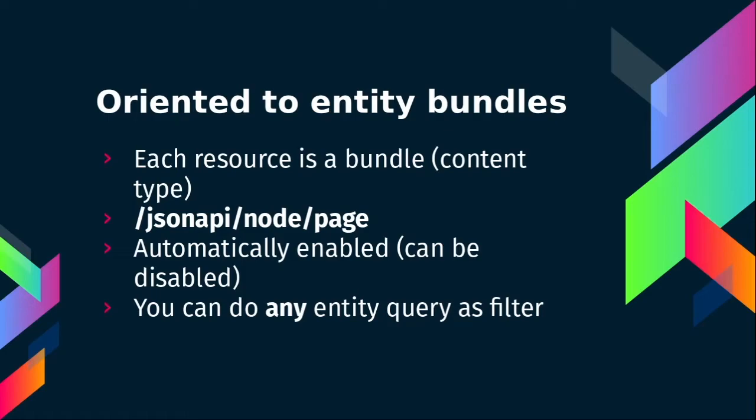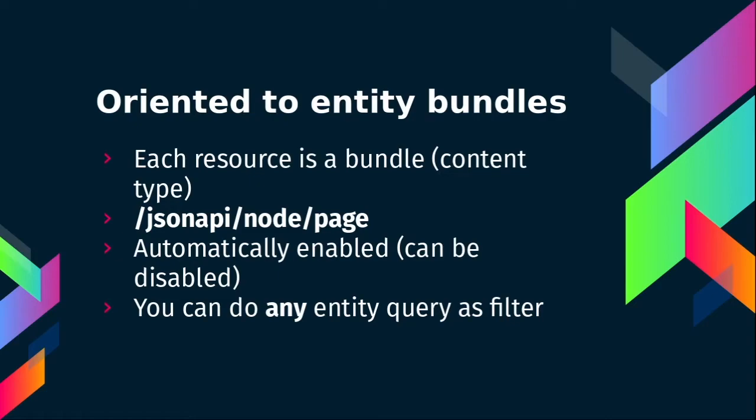The URLs look like that: JSON API, entity type, and bundle name. And everything is automatically exposed when you enable the module, except for the things that the entity type developer said should never be exposed through JSON API.